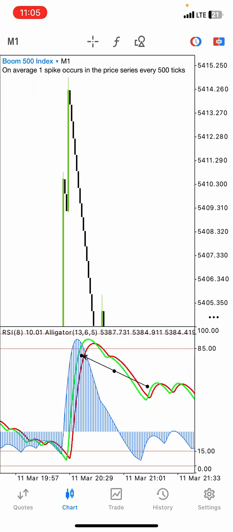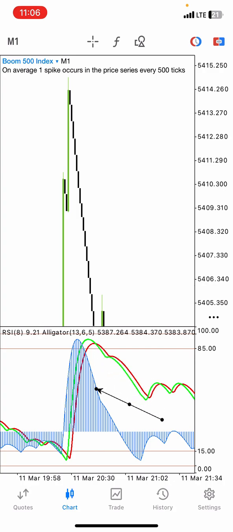Whenever the indicator gets into this zone, the 85, 95 zone, and you see the green indicator and the red indicator in this level, and I also see this blue indicator up to this level, that's a good sign that it will be selling.